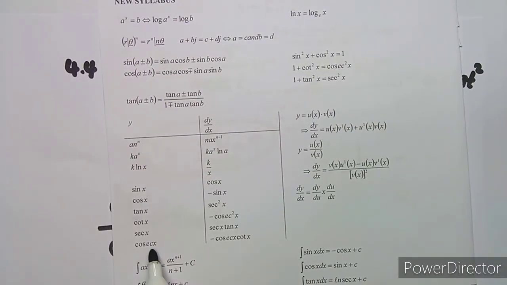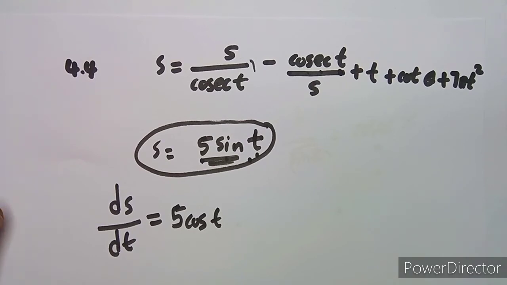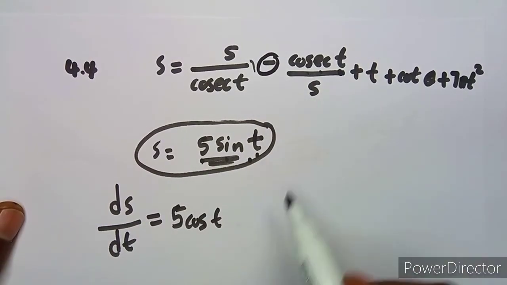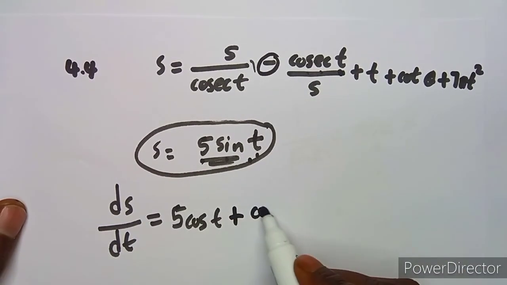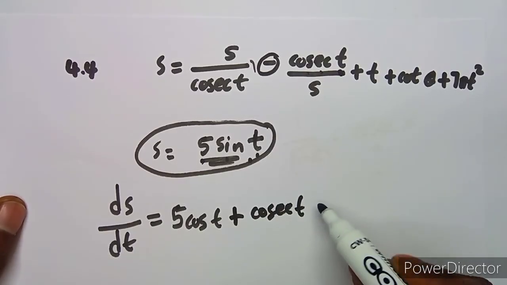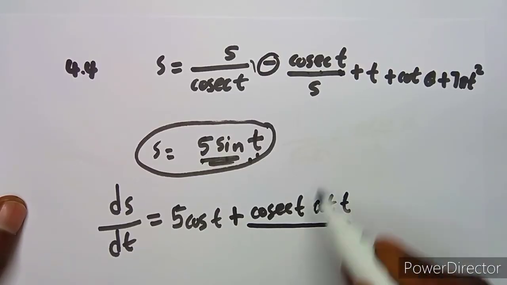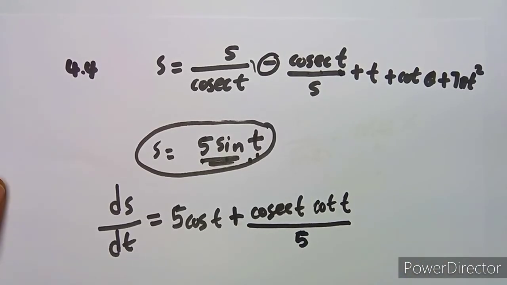Okay, let me take you here. So it's minus, but there was already a minus which is there. So it's going to be plus cosec t cot t again. Everything over 5 which is there, so there's a 5 there.